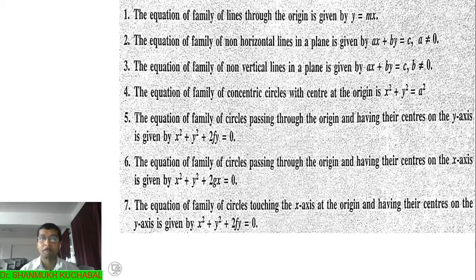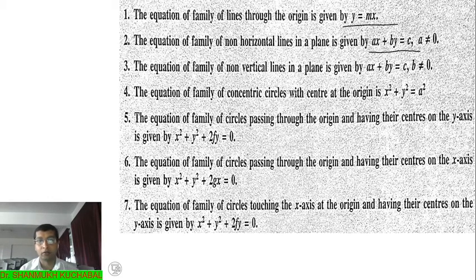The equation of a family of lines passing through the origin is given by y equal to mx. The equation of a family of non-horizontal lines in a plane is given by ax plus by equal to c, where a is not equal to 0.